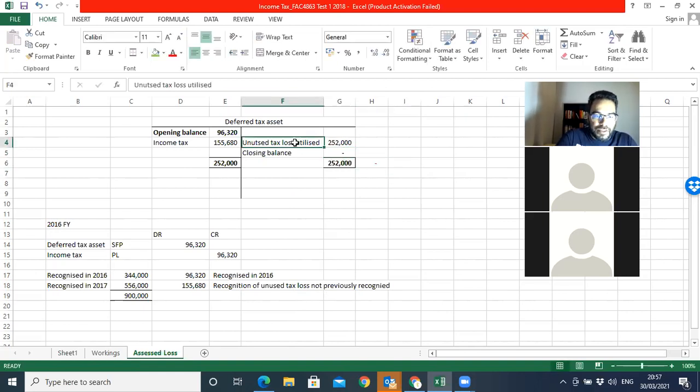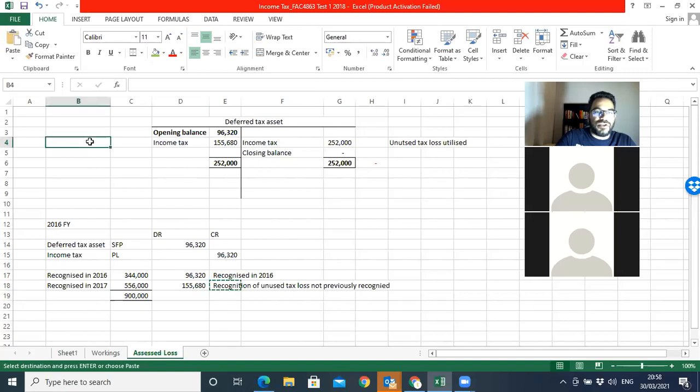I don't want to call that. I'm going to put it over here. This also goes to income tax. Okay, but what does this income tax relate to? Unused tax loss. It relates to the recognition of a previously recognized loss. So here I'm saying debit deferred tax. For every debit, there must be a credit. What is the credit?